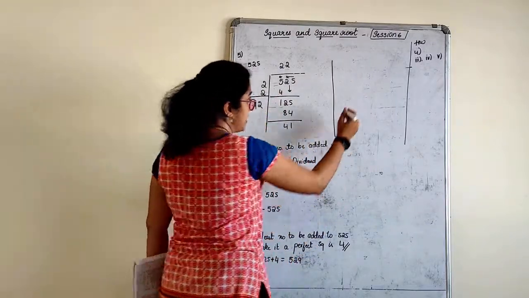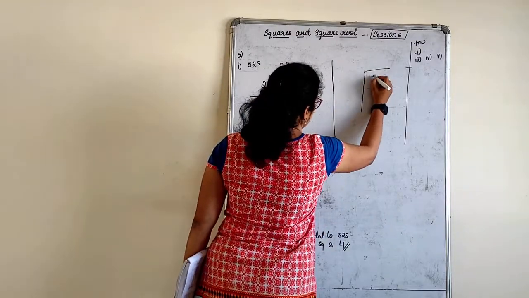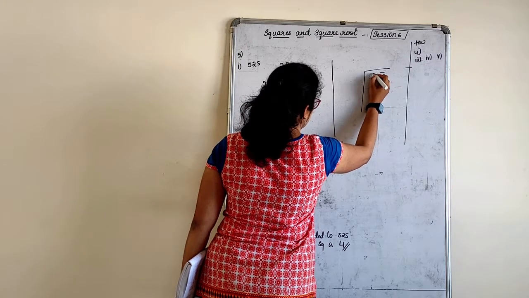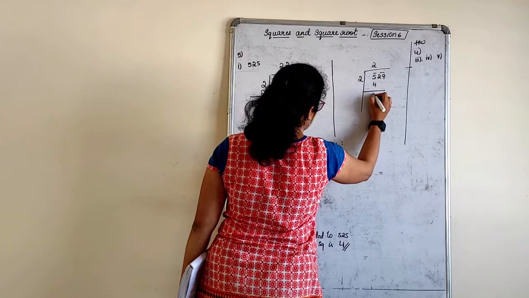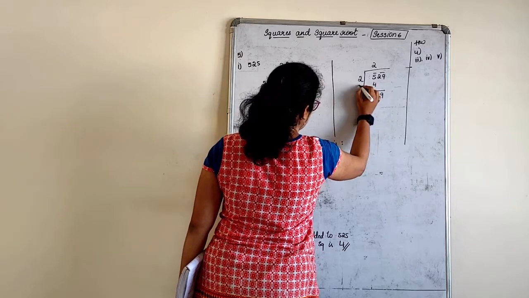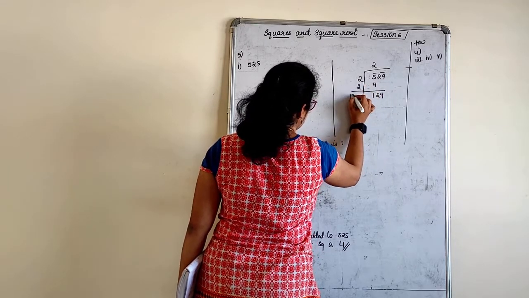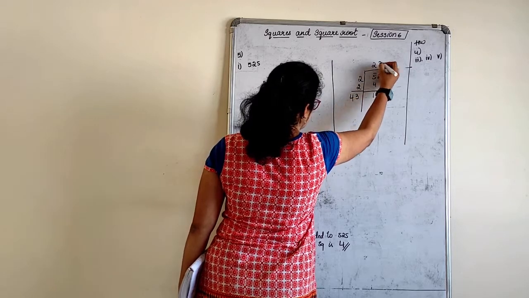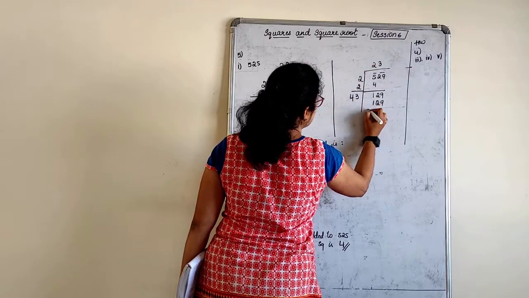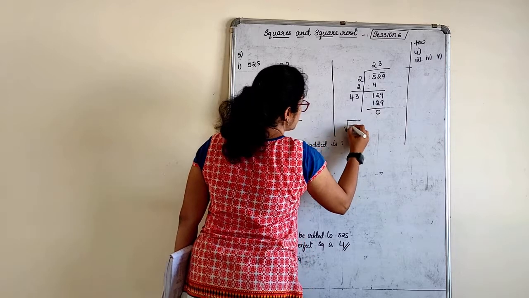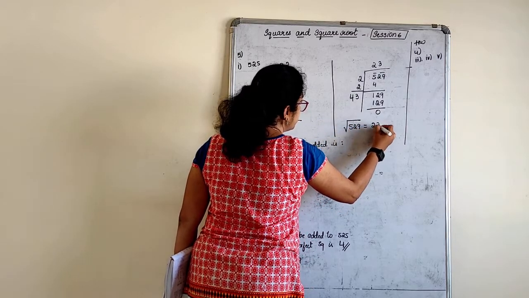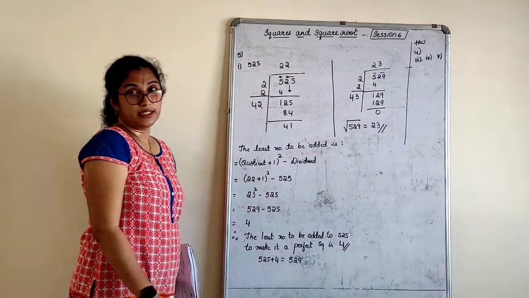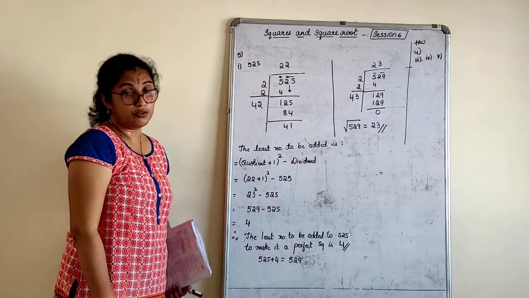Since I do not have space, I am doing it here. 529, pair this. 2 2s are 4, 1 remainder, 29. So 2 plus 2 is 4. 43 3s are 129. 0. Square root of 529 is equal to 23. Is it very clear? This is how you do it.